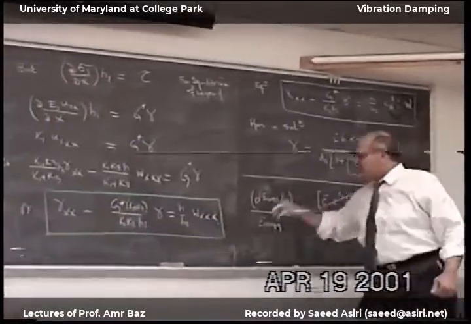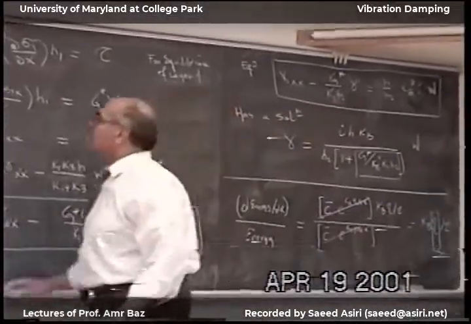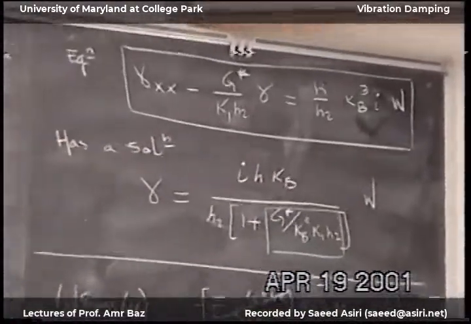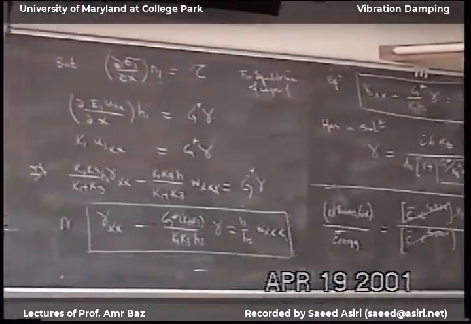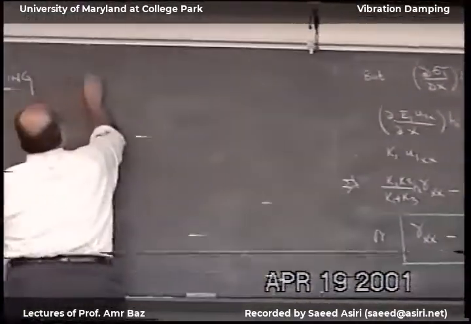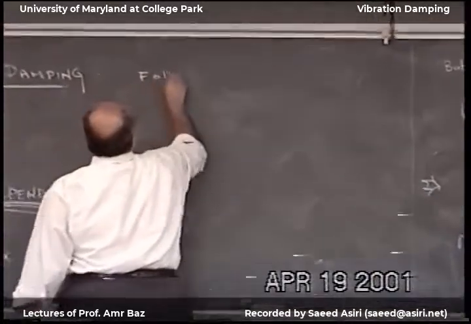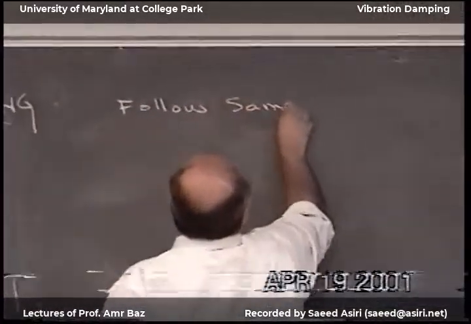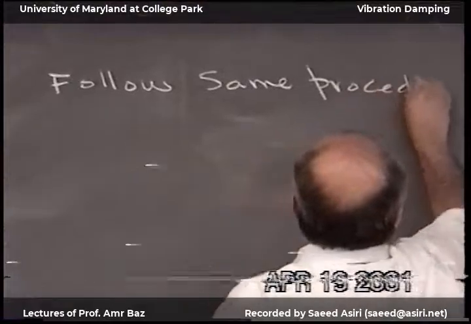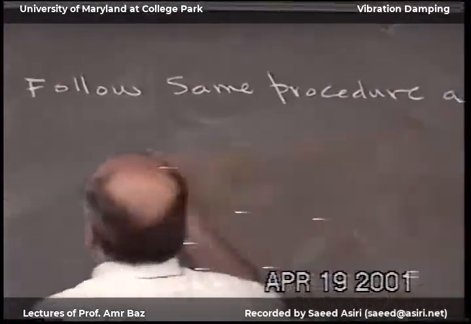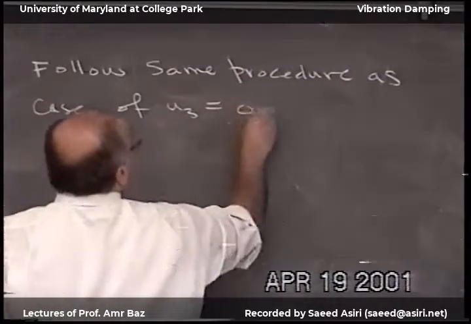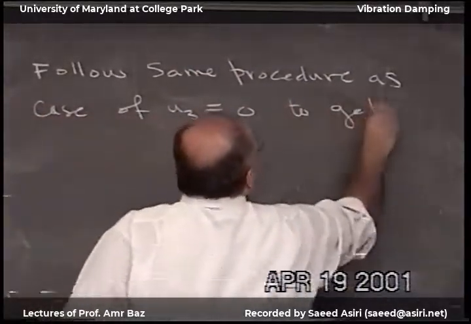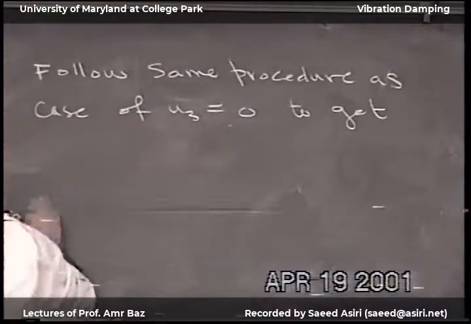Okay? So now, we'll just write down the final result. Then follow the same procedure as the case of U3 equal to 0 to get eta constraint.